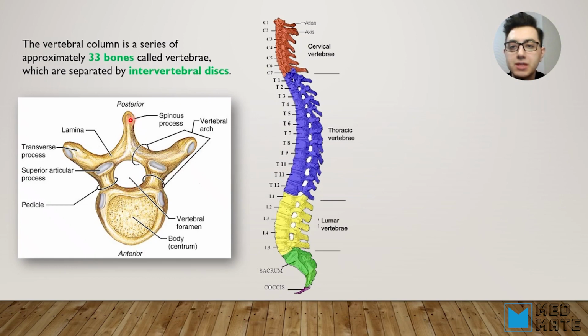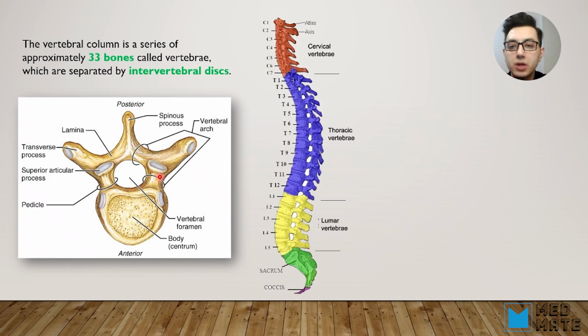We have the spinous process, which is located in the posterior, and you can even feel it on your own if you touch C7, C6, these two parts of your cervical vertebrae are palpable, and if you put your hand you can feel that part, and that's the spinous process. Now we also have transverse processes on both sides, and this whole part of the vertebra is called the vertebral arch.